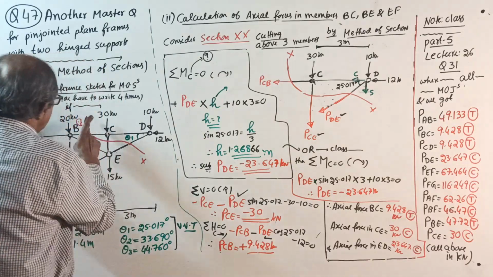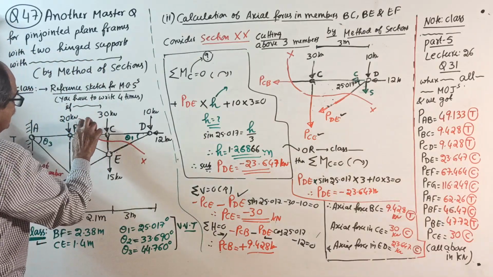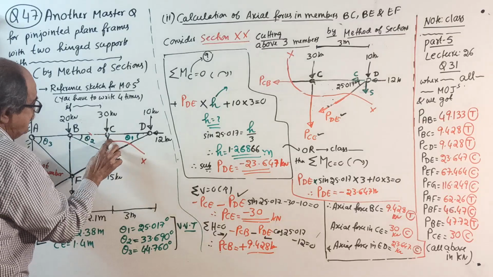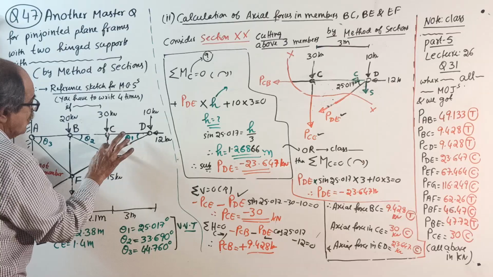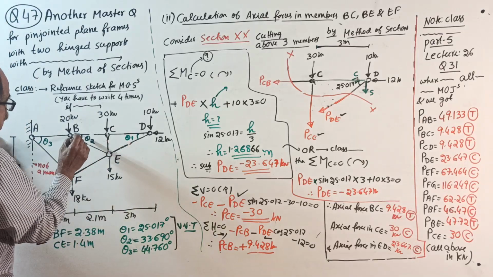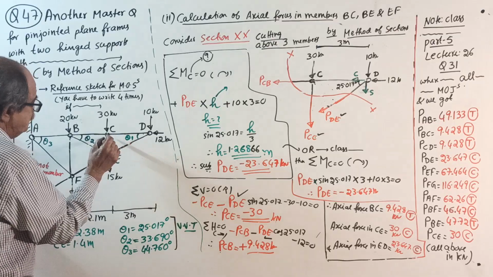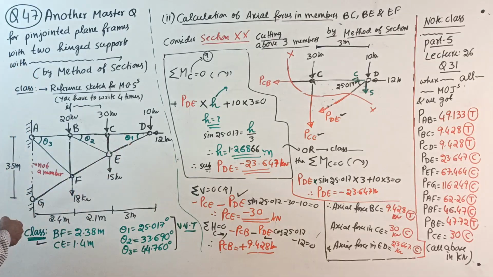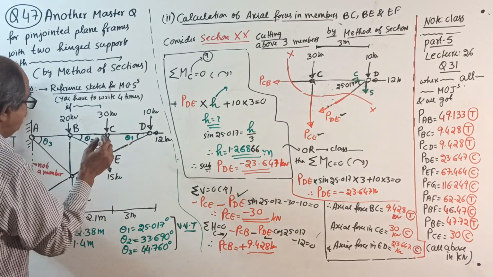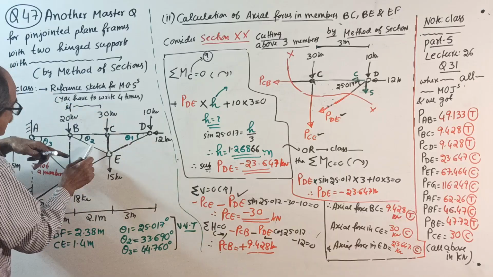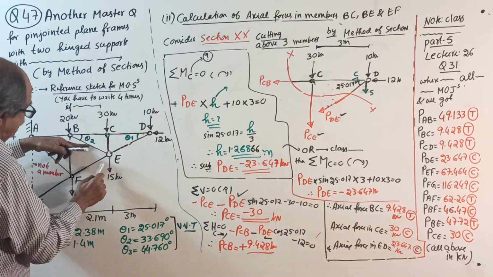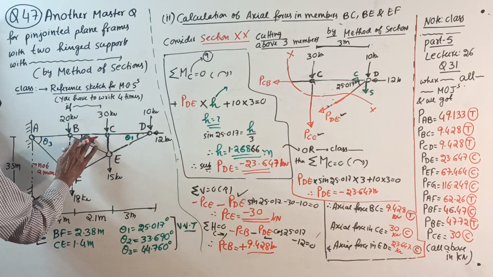What you have to do is, you once again write this sketch, the reference sketch, or you attach the Xerox copy here. I told you, perfect understanding is when you take it independently. Which members? This is BC, BE, this member, and EF. These 3 members.